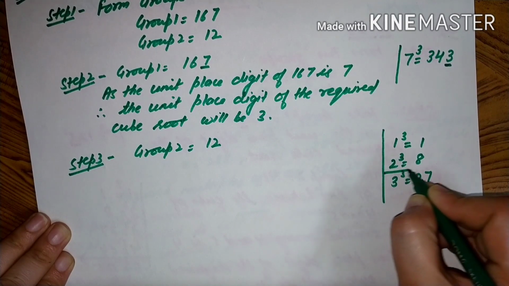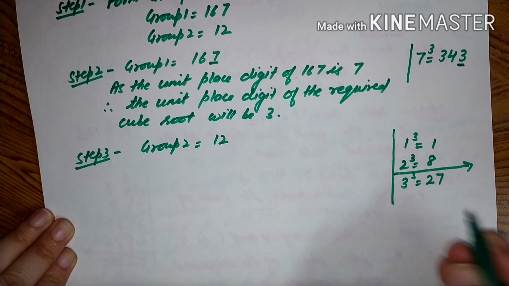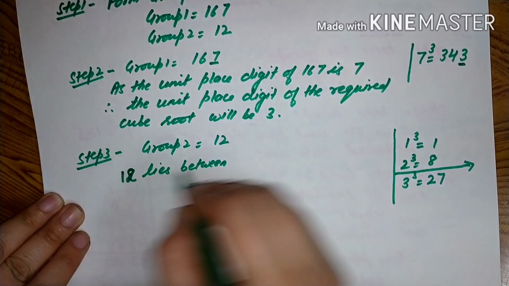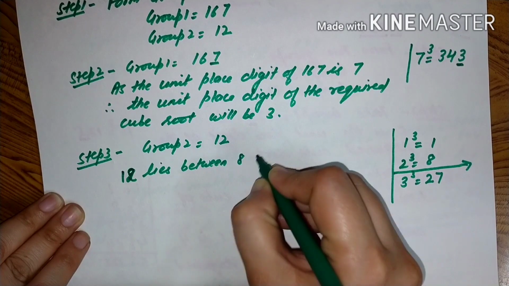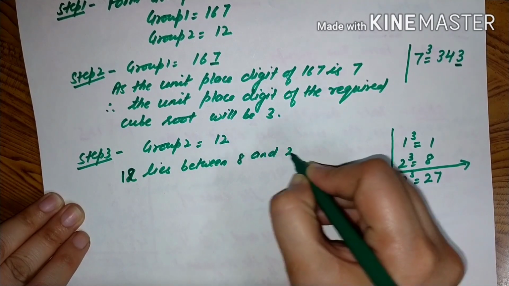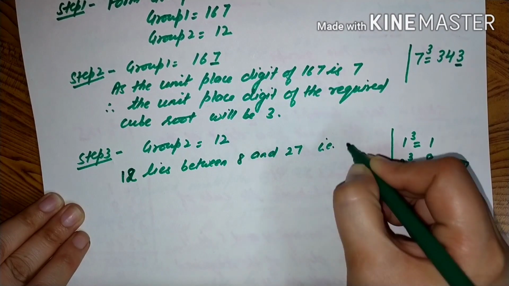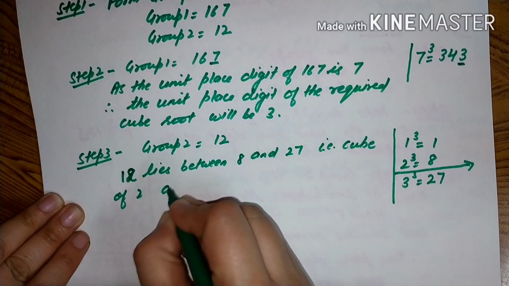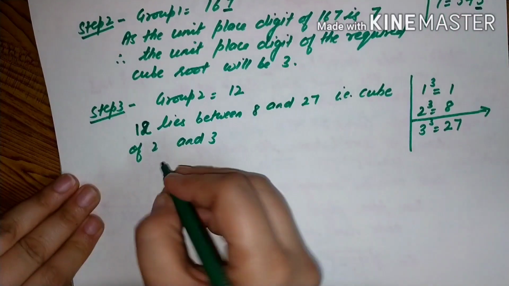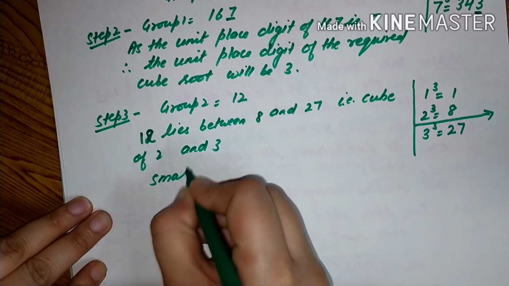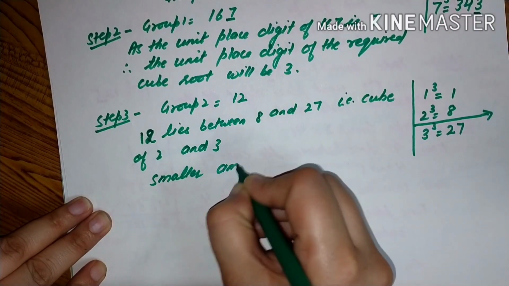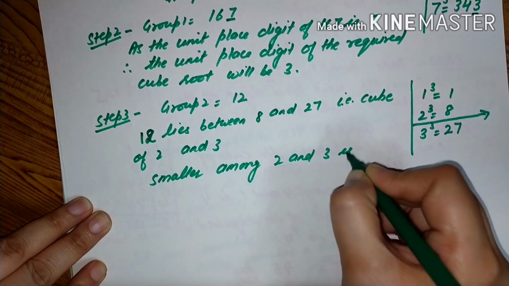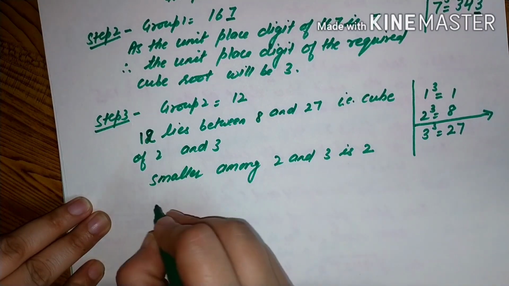As you can see, 12 lies between 8 and 27, that is, between the cube of 2 and 3. The smaller among 2 and 3 is 2.